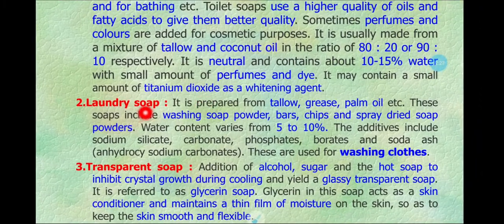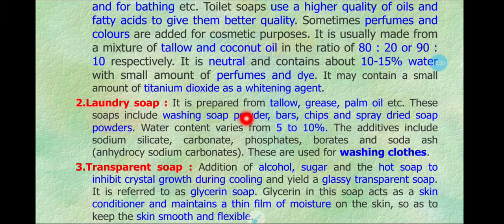The second soap is laundry soap. It is prepared from tallow, grease, and palm oil. This soap includes washing soap powder, bars, chips, and spray dried soap powder. Water content varies from 5 to 10%.